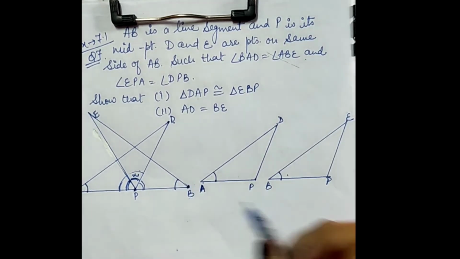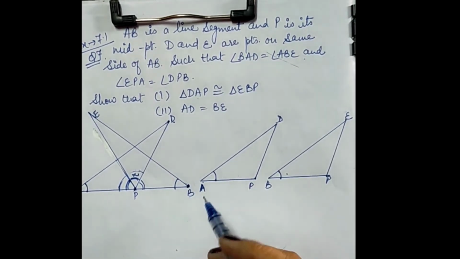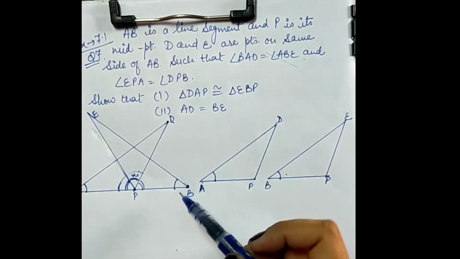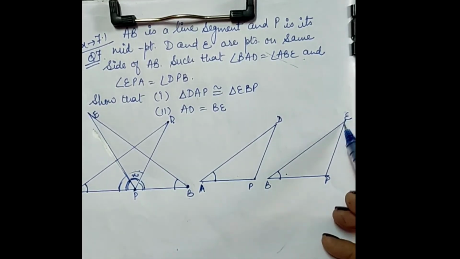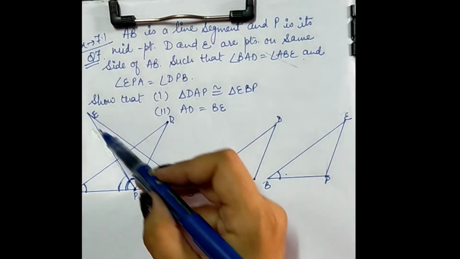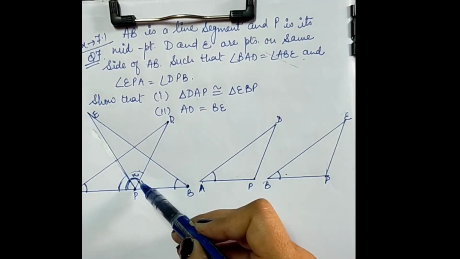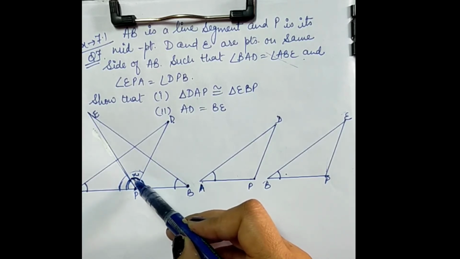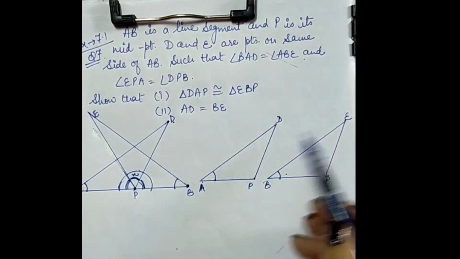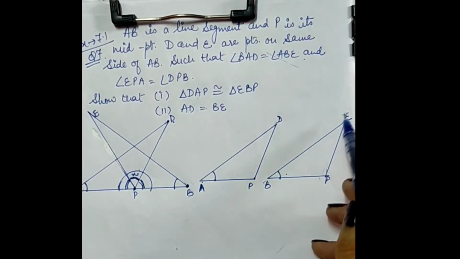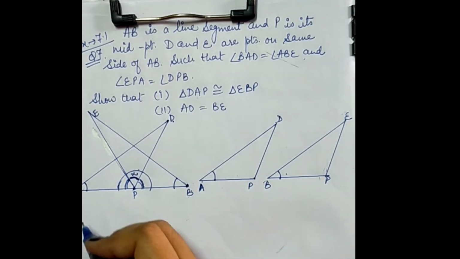Similarly DPB, that means this angle, but we require EPB. So to make it EPB, DPB is given, we will add X in that, so that it will be EPB, which is the requirement. So let's start.